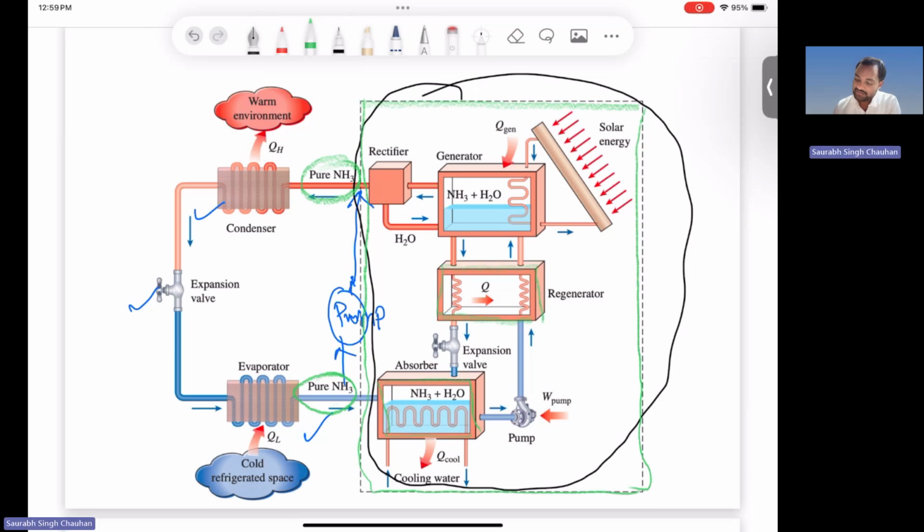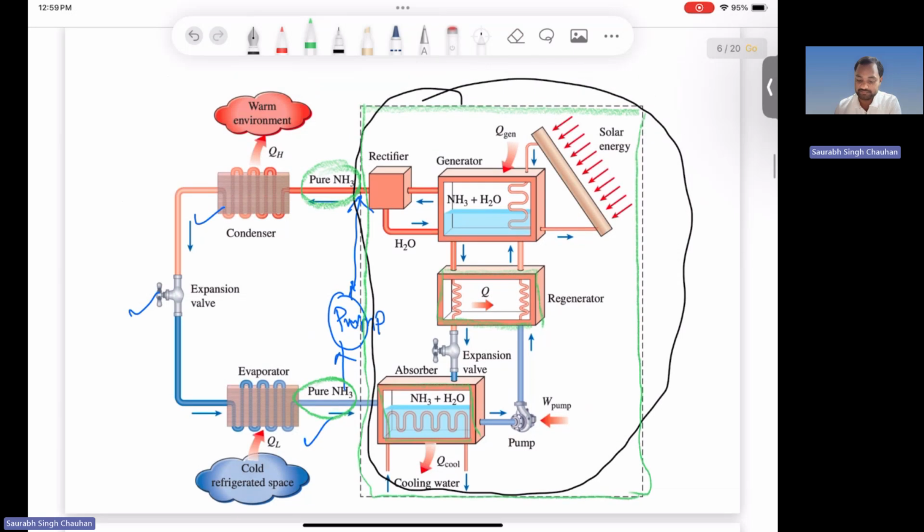In the regenerator you heat this solution, ammonia comes out, and you get high pressure ammonia. So this pure ammonia is the working fluid. This is the main refrigerant.